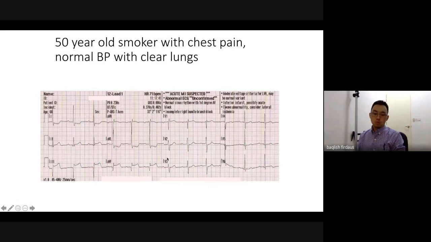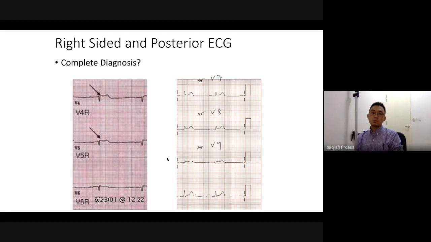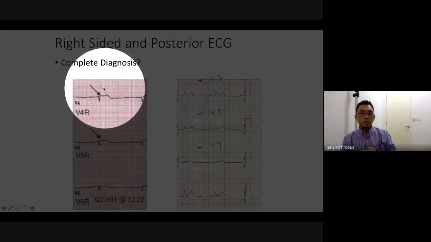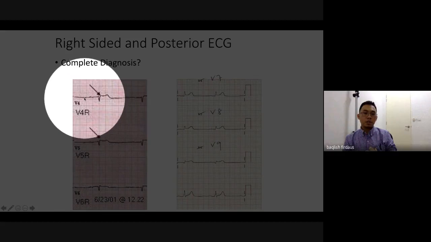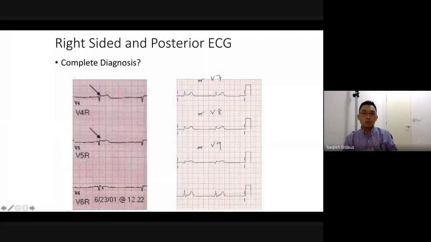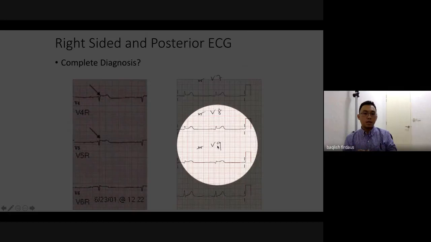If you see a patient with ST elevation, or you suspect a patient with inferior MI like this one, you must order the right-sided ECG, looking for any ST elevation in V4R, V5R, or V6R, and also the posterior ECG, leads V7, V8, and V9.